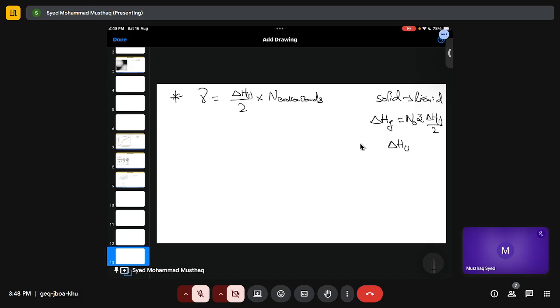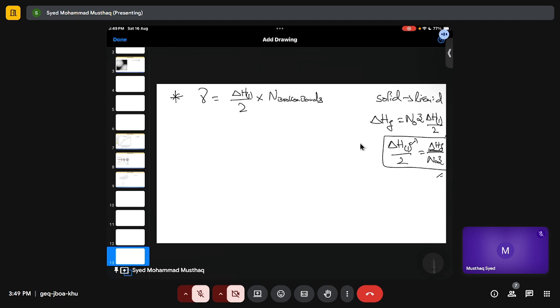Now, what is this? Delta H1 divided by 2 will be equal to delta HF divided by N naught Z. See, you cannot find exactly the bond energy to break one bond, but you can find delta H fusion. That is simple, right? So this is easily available when compared to this guy.